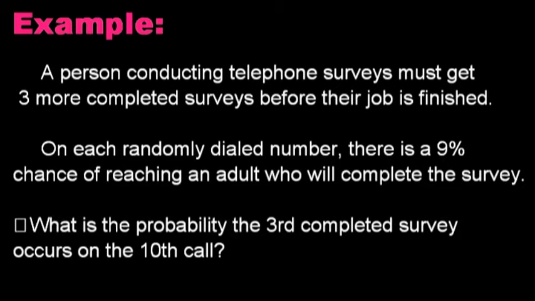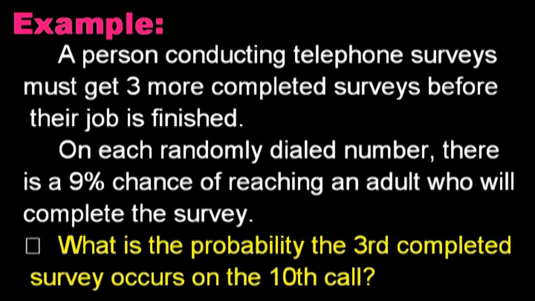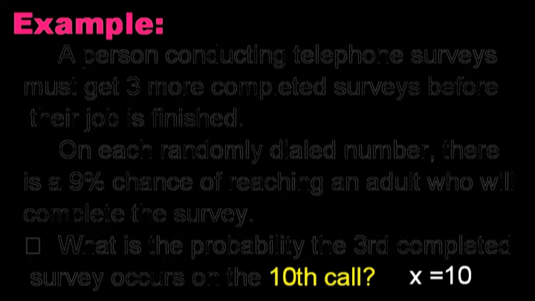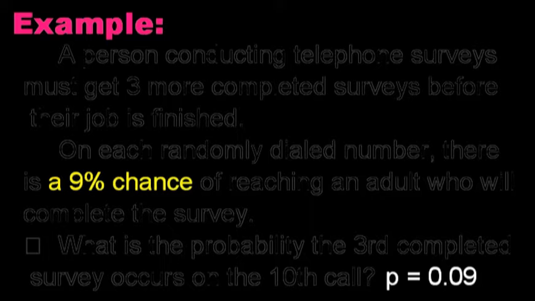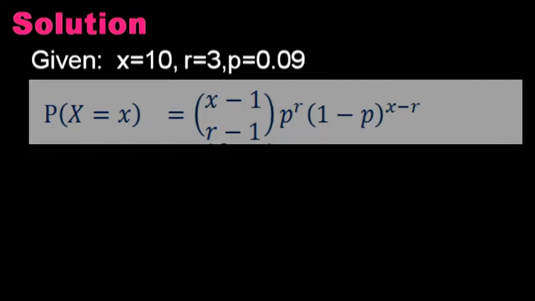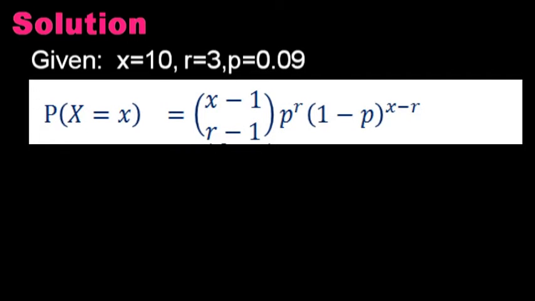Since our problem is to get the probability the third completed survey occurs on the 10th call, our x would be equal to 10 because we are up to the 10th call, and our r is equal to 3 because we are up to the third completed survey, and since there is a 9% chance, our p is equal to 0.09.